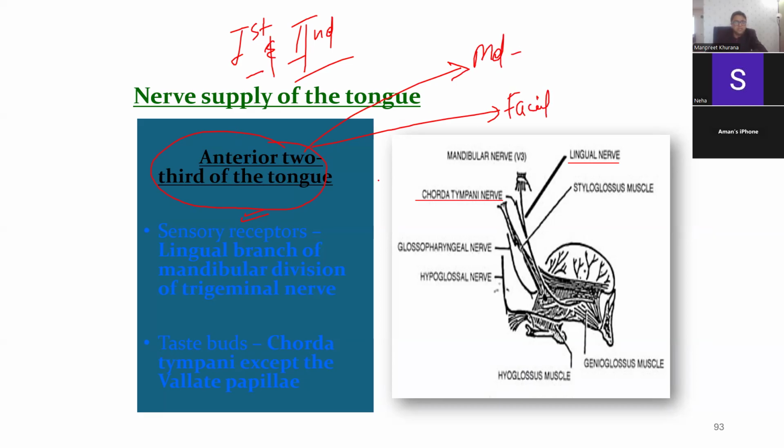From the mandibular branch of the trigeminal nerve, we have a special branch known as the lingual branch. The sensory receptors of the lingual branch of the mandibular nerve take the sensations. For the taste buds, we have the chorda tympani, which is a branch of the facial nerve.